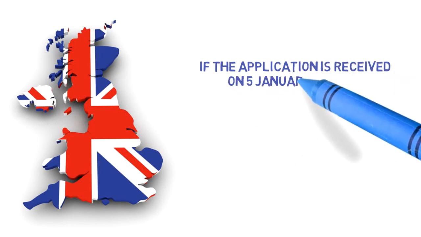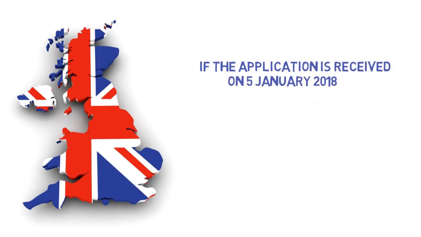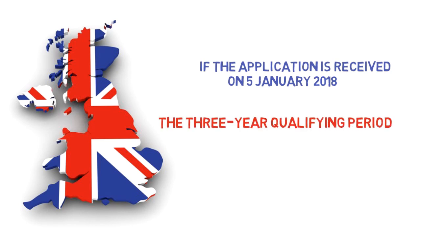So, for example, if the application is received by the Home Office on 5th of January 2018, the 3-year route qualifying period starts on 6th of January 2015. So what we do here is we just deduct the 3 years from the date of receipt of the application.